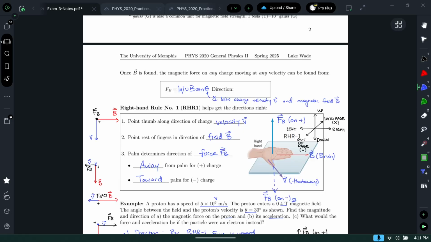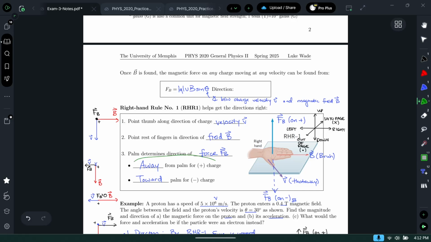If the charge is moving and it is moving at least a little bit perpendicular to the direction of the magnetic field, then we can use the right-hand rule to figure out how the force acting on the charge will point. And so that rule is going to be your thumb is the velocity, the fingers are the magnetic field, and your palm determines the direction of the force.